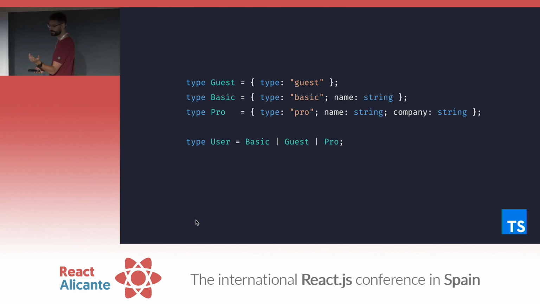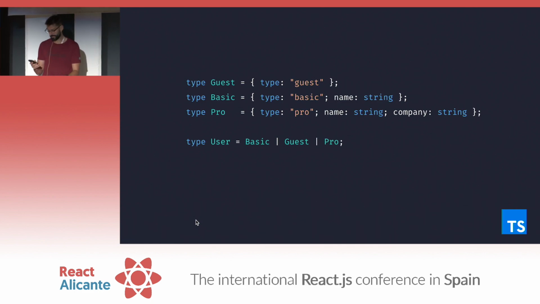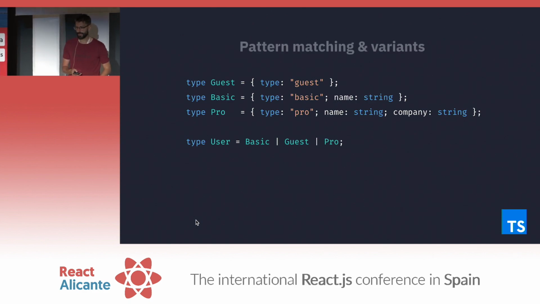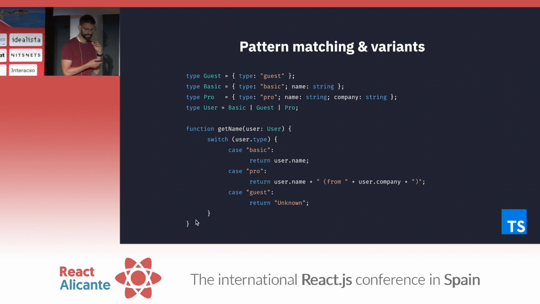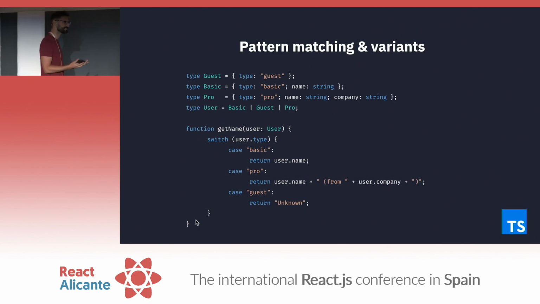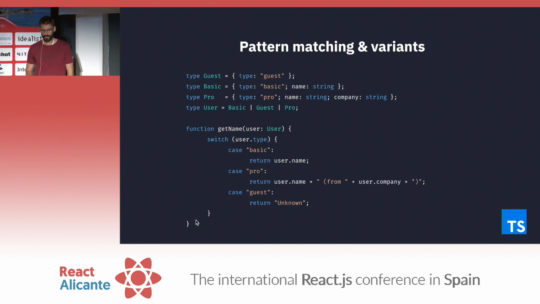You can have a user that is basic, guest, or pro, and you can have the literal guest with the type or whatever, and a few random fields like name or company. Sorry, that's a mistake. So you can get the name, and you would use a switch statement. Switch statements are not very used in JavaScript, which is a sad truth, but it's fine. It's rare code to write these days.